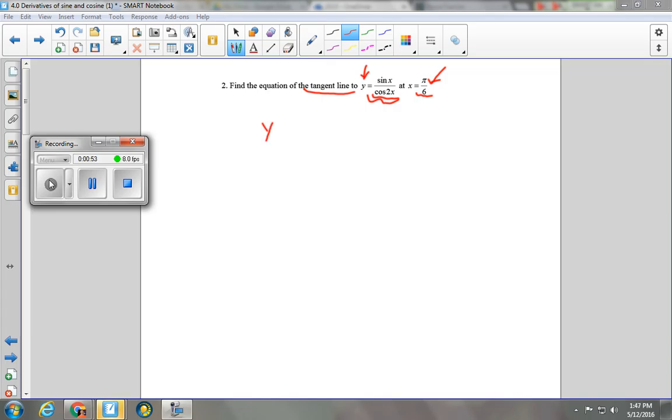Okay, so y prime, we're going to use the quotient rule for this one. So it's going to be f prime g minus f g prime over g squared.